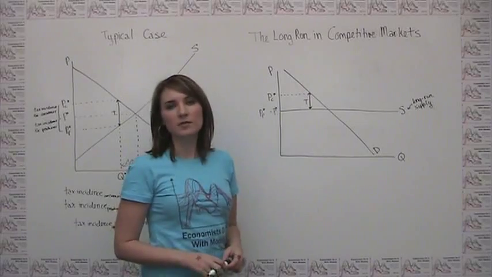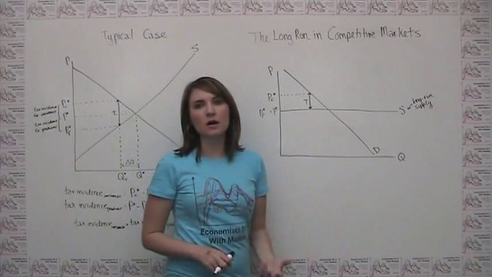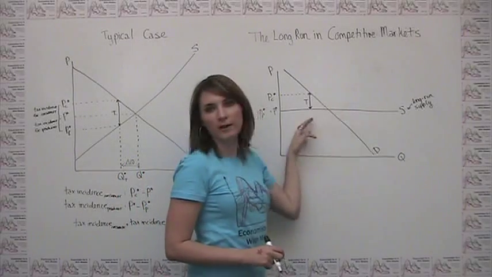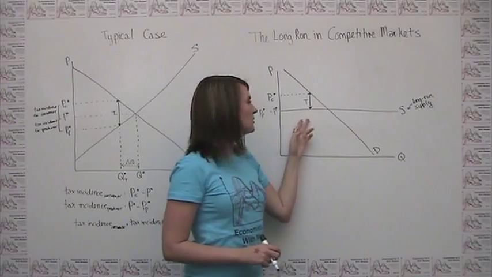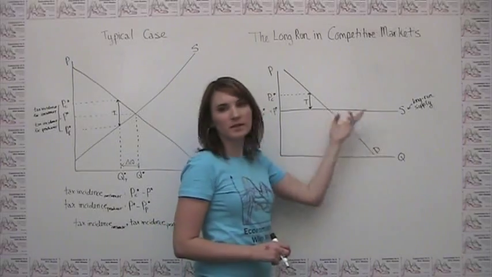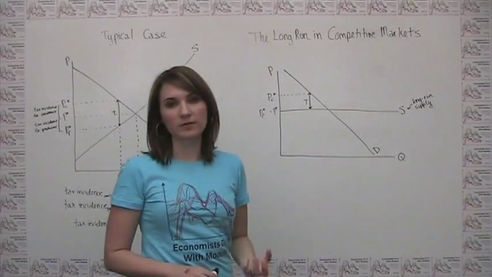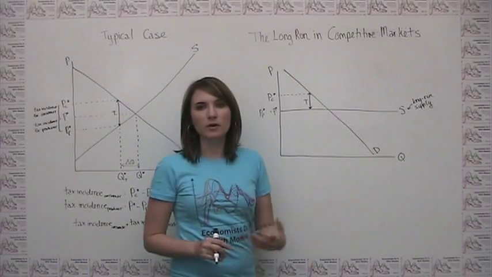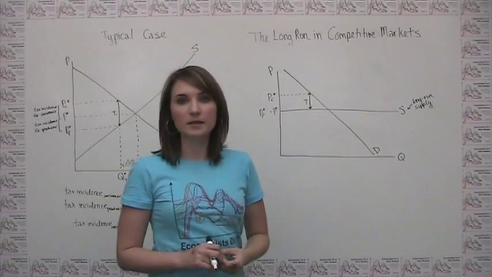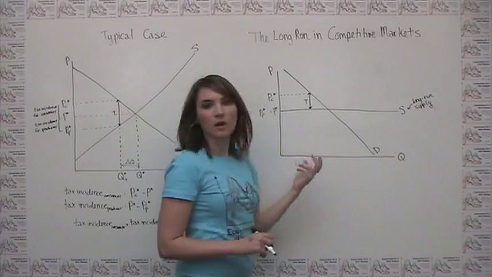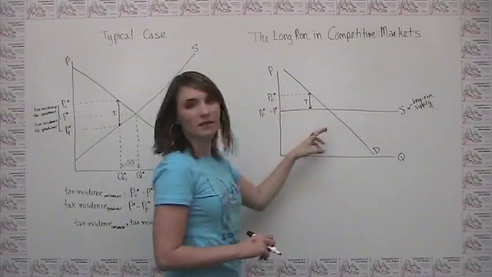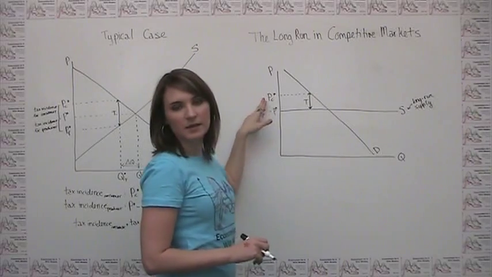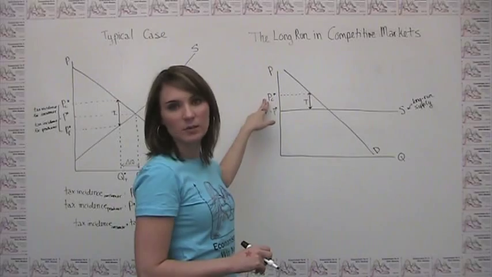You'll learn in the unit on firm behavior that in the long run in competitive markets, supply is actually very, very elastic. And in the long run, we can either say that it's perfectly elastic or at least very close to perfectly elastic. This has interesting implications for the long run effect of taxes, because this would imply that in the long run, our situation looks like this, and when we put a tax in place, all of that tax ends up getting pushed onto the consumer.